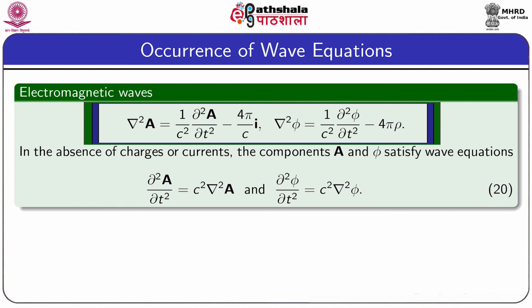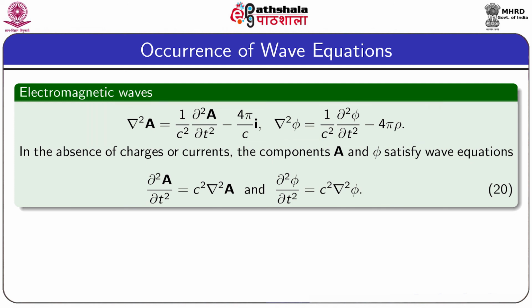Grad² A equals 1/c² ∂²A/∂t² minus 4 pi/c I, and the equation for phi is grad² phi equals 1/c² ∂²phi/∂t² minus 4 pi rho.